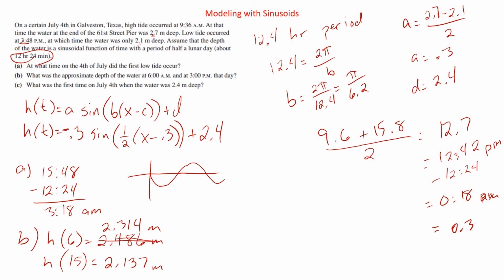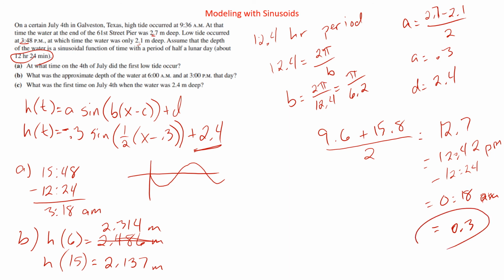And we probably have to adjust the window. X can go from 0 to 24, to get a full day there. Y can go 0 to 3. And we want when it's 2.4 meters deep. Oh, well, that's the center point, right? Because 2.4 is the center point. We already found that.